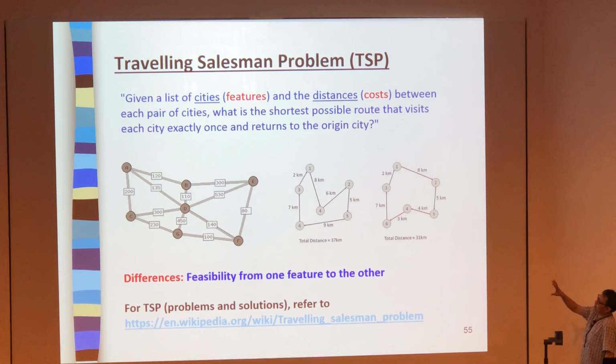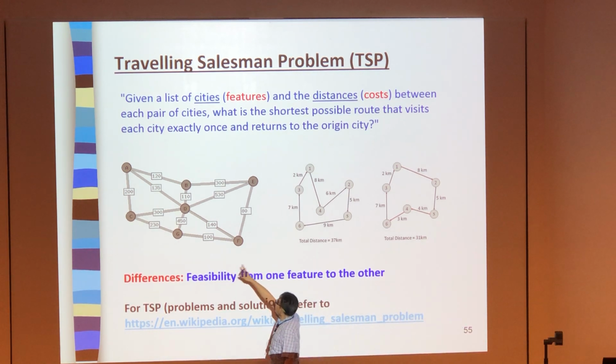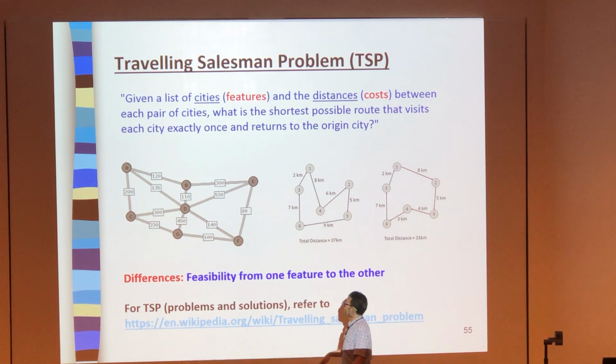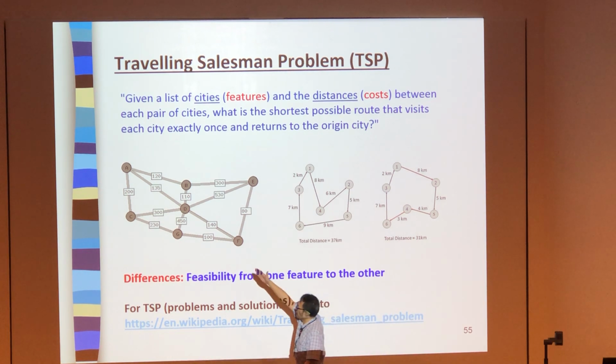You're given a list of cities and the distances between cities. If you look at this example, we have A to G, 7 cities. It looks like between every 2 cities there is not necessarily a route. Between some cities there are routes, between some cities there's no route.